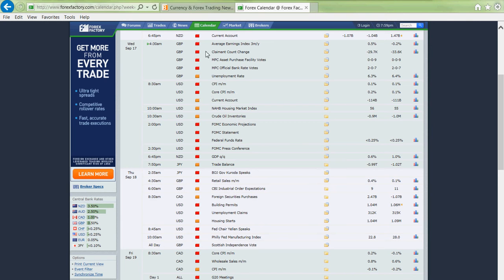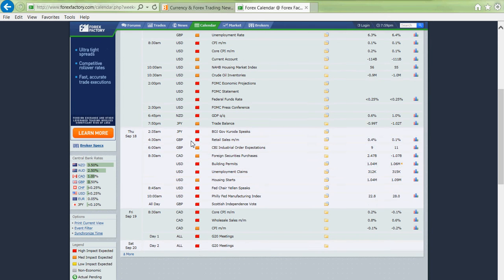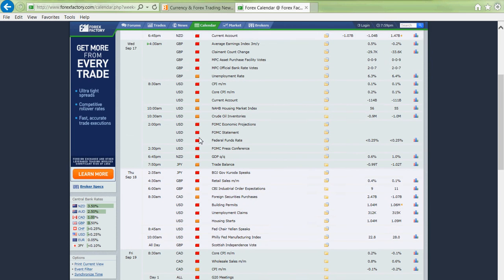Tomorrow we got some news coming out on the pound, and a lot more news coming out on the dollar, which, depending on how it comes out, may make us want to take a look at what the dollar yen is looking like.